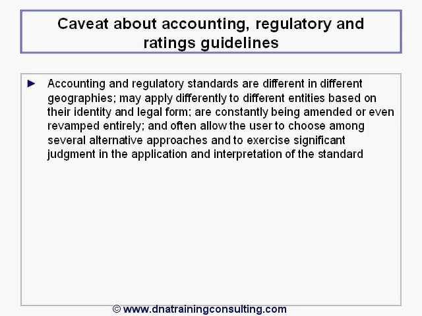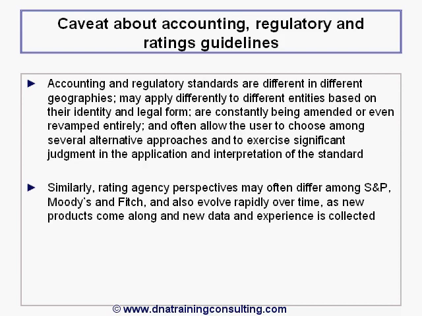Accounting and regulatory standards are different in different geographies, may apply differently to different entities based on their identity and legal form, are constantly being amended or even revamped entirely, and often allow the user to choose among several alternative approaches and to exercise significant judgment in the application and interpretation of the standard.